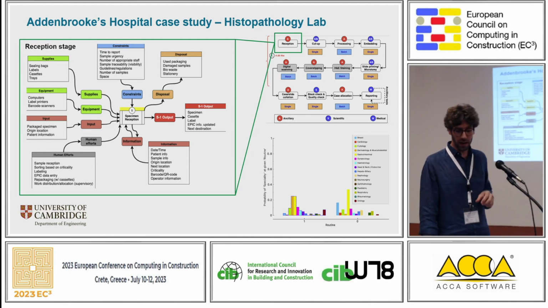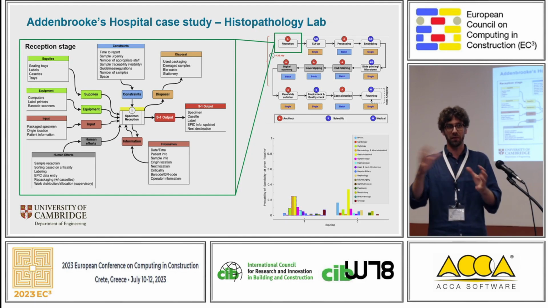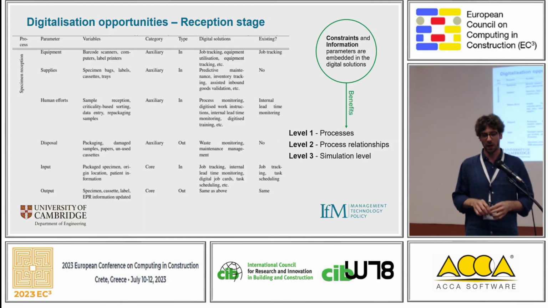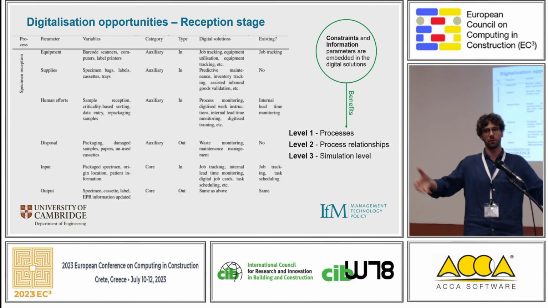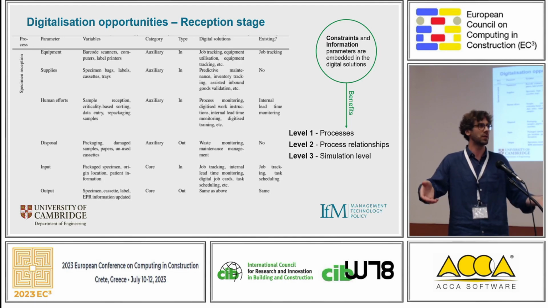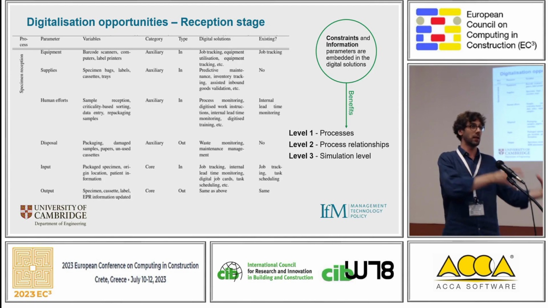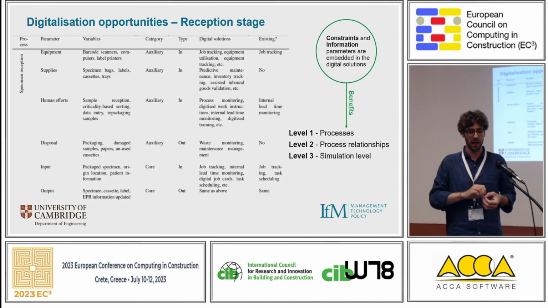And once we identify those parameters, so those group of variables and the variables for each stage of the process, we start looking at what are the digital, available digital solutions and opportunities for the digitization of each of those parameters within each phase of the process, which is in this case the histopathology process.